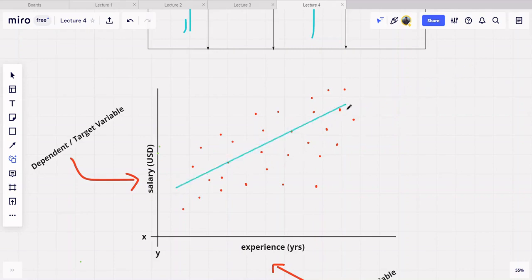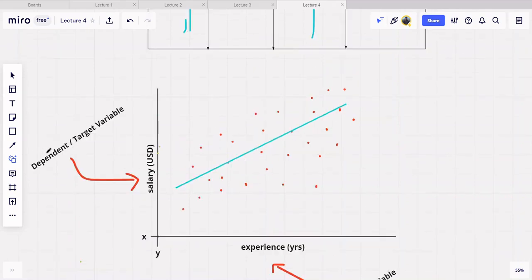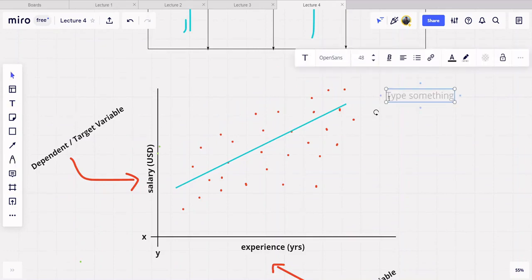So the first step in linear regression is to draw a scatter plot, and the second step is to draw a line of best fit. This blue line you see is called the line of best fit.